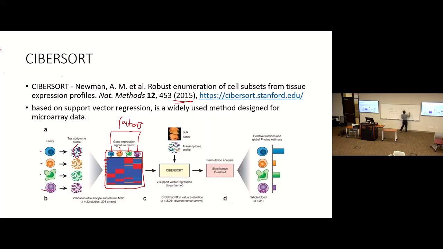I'm not so sure whether it's O or A. It should be O, yeah. So if you search the literature on deconvolution of bulk RNA-seq, you are actually talking about this procedure.